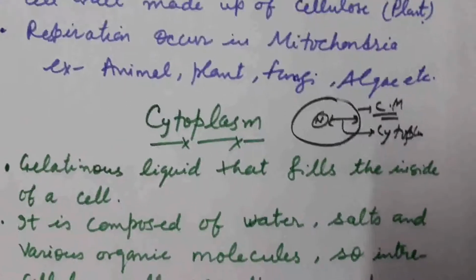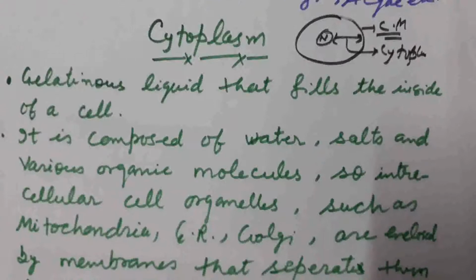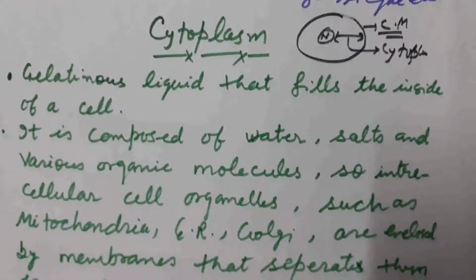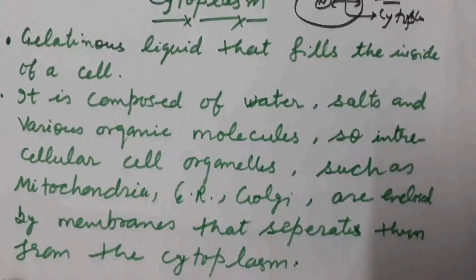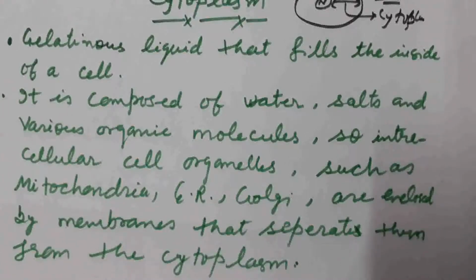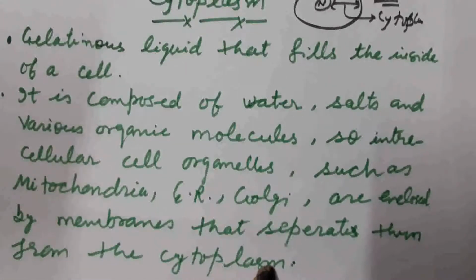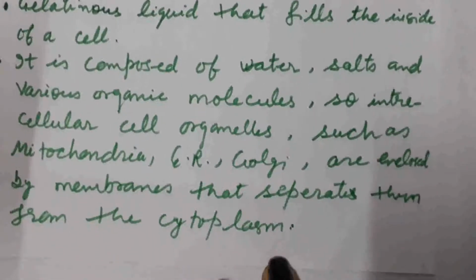It is composed of water, salts and various organic molecules. What else is present in cytoplasm? It consists of membrane-bound cell organelles, that is mitochondria, endoplasmic reticulum, Golgi bodies. They are all present in the cytoplasm of the cell. These membranes which surround these cell organelles separate these cell organelles from the cytoplasm.